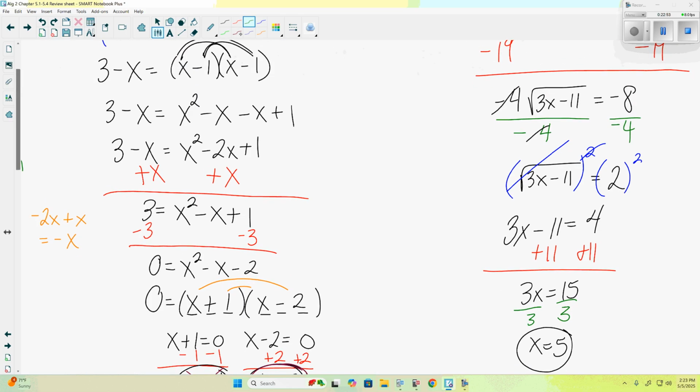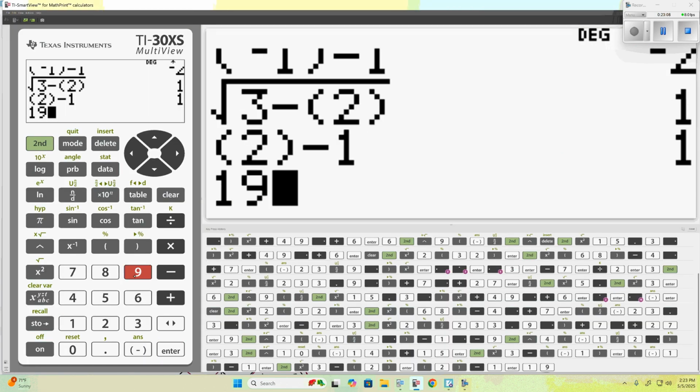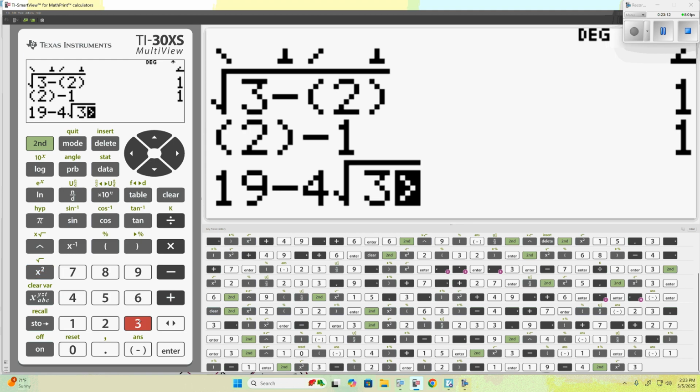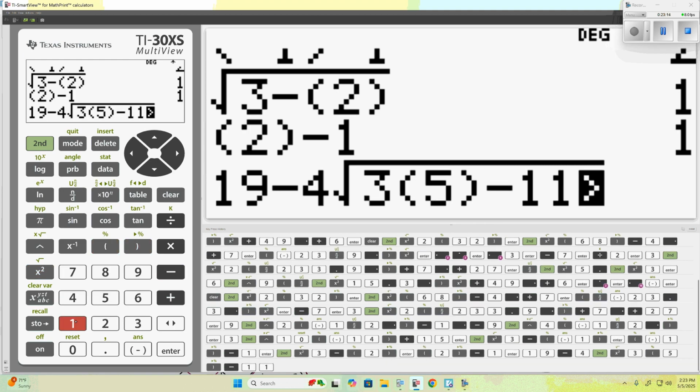X equals 5. I'll go on and check it just to make sure. 19 minus 4 times the square root of 3 times 5 minus 11 is indeed equal to 11.